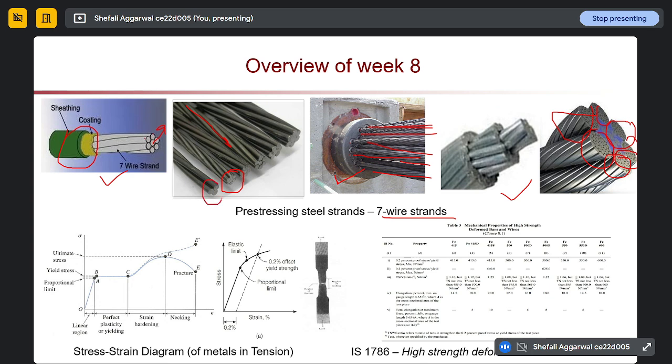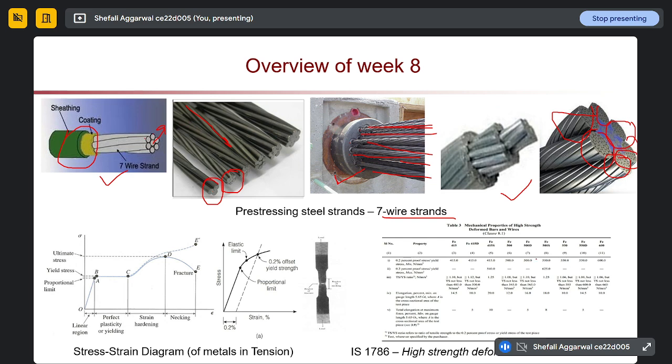Another typical example is a 3 wire strand, where we use only 3 wires. So these are different types of pre-stressing strands, and this is the overall overview of different types of rebars.